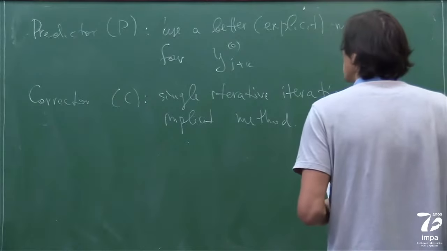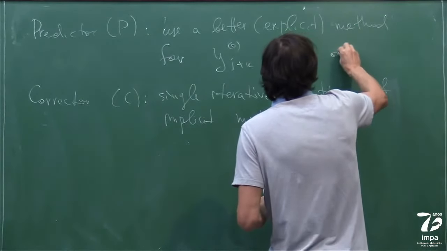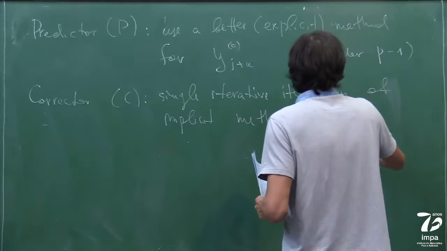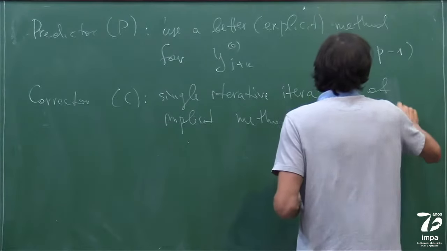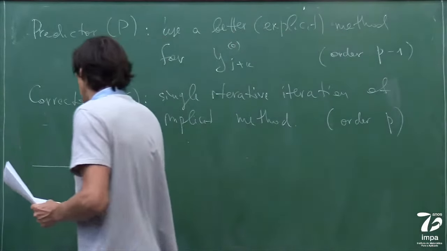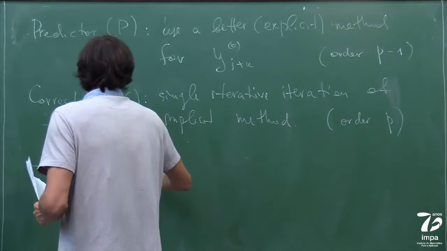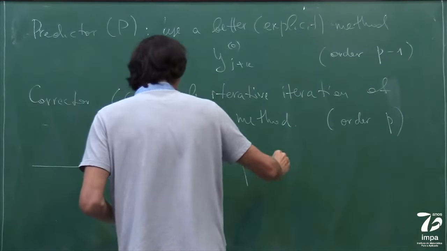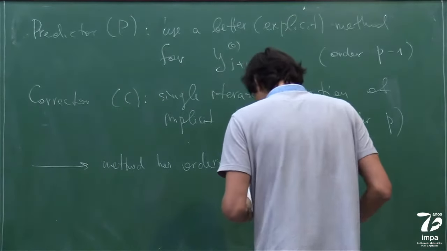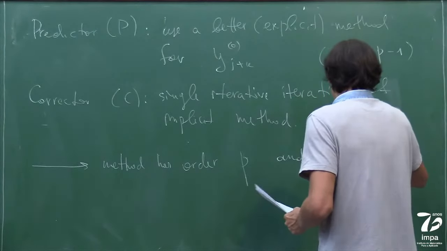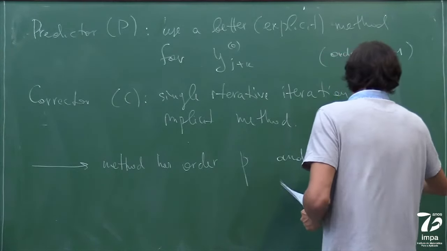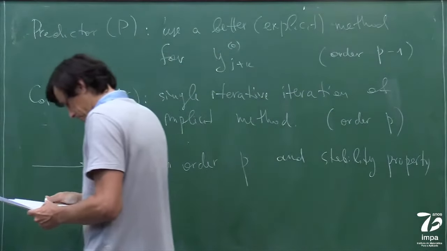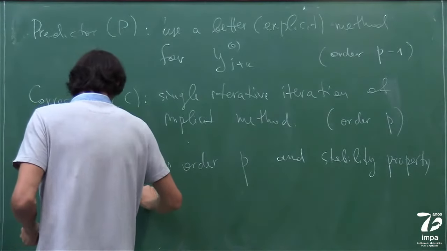Usually the predictor should be of order p minus 1, the corrector order p, and then the method is of order p, and has the stability properties of the corrector method.